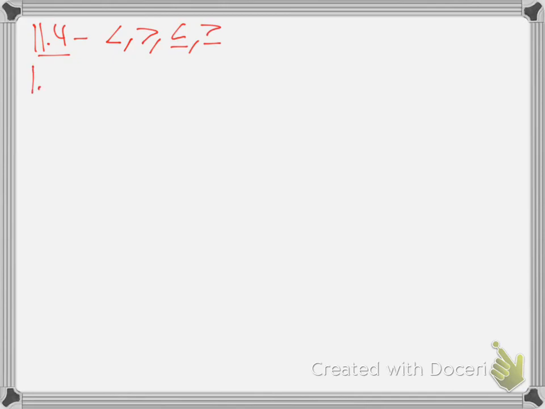What are the steps? Number 1, get a 0. Step 2, make it one fraction. Common denominator.